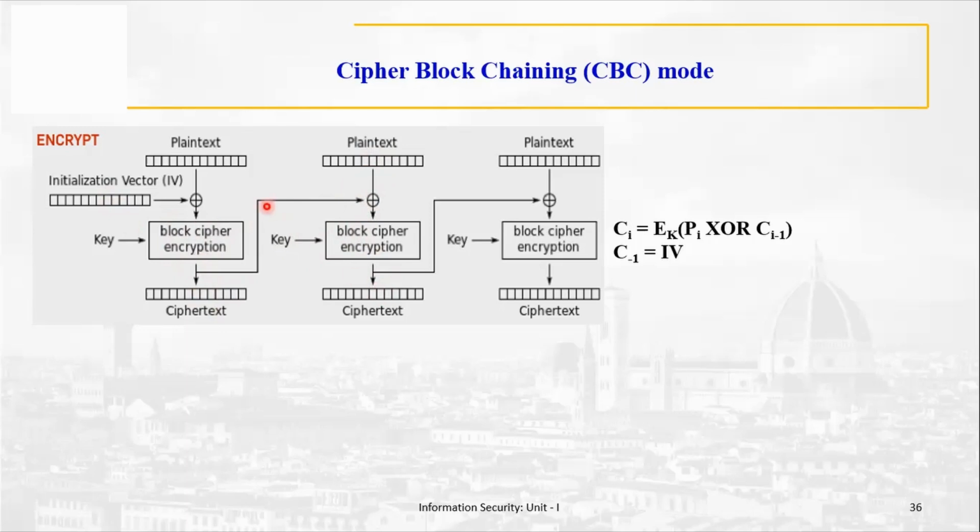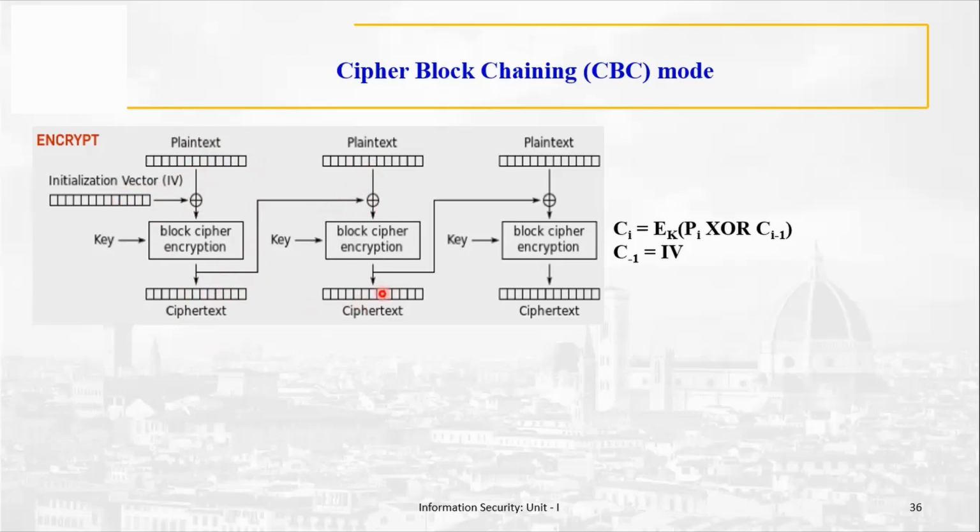Now consider that the same word is there in this text box also and in this text box also. Why is the ciphertext different both times, even if the plain text is the same? Just because you are XORing that plain text with different data. Here you are XORing with the IV, the initialization vector. Here you are XORing with a different cipher.